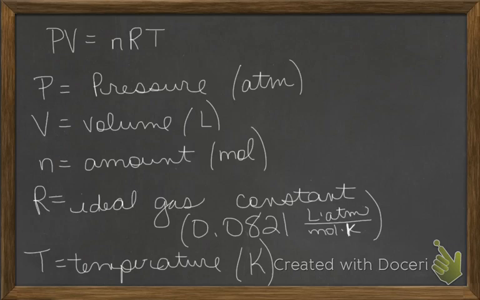Okay? Now, in coming up with this ideal gas equation, PV equals nRT, there's a couple of other gas laws that we want to go over. And the first of those that I want to talk about is Boyle's law. And each of these gas laws, what we do is we look at two of those variables.